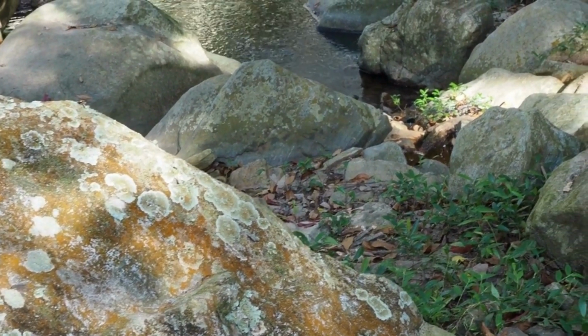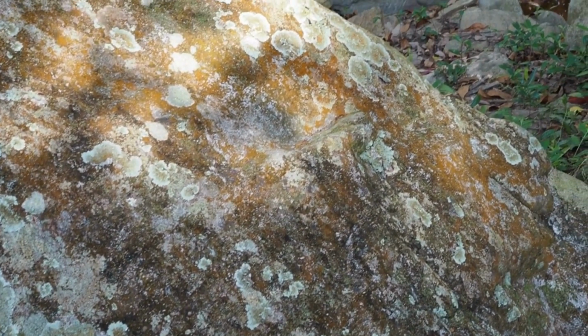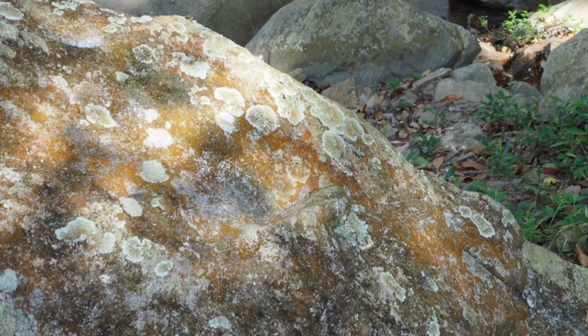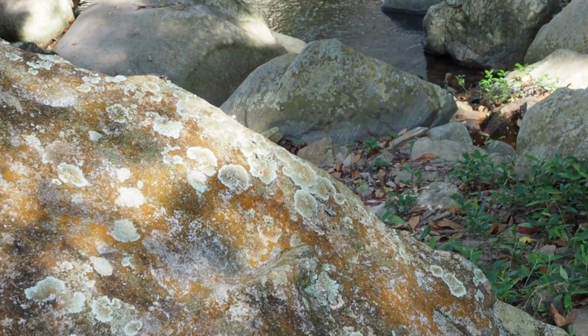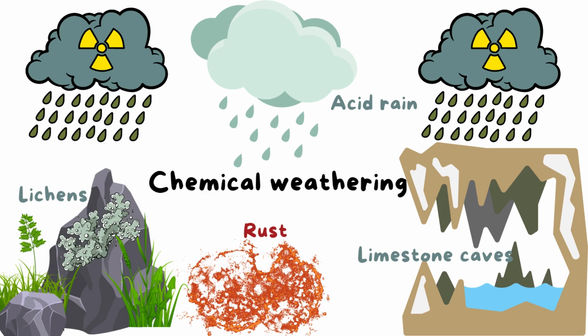And as you see here, lichens are tiny organisms that look like plants. So we can say that lichens are tiny plant-like organisms. So to summarize, chemical weathering can happen due to what? Yes, the reaction with acid rain, and this dissolves the minerals found in the rocks.